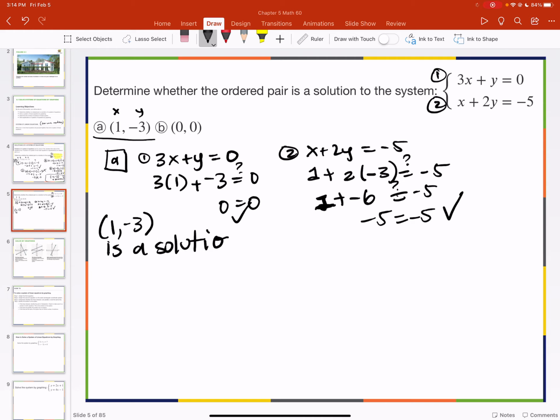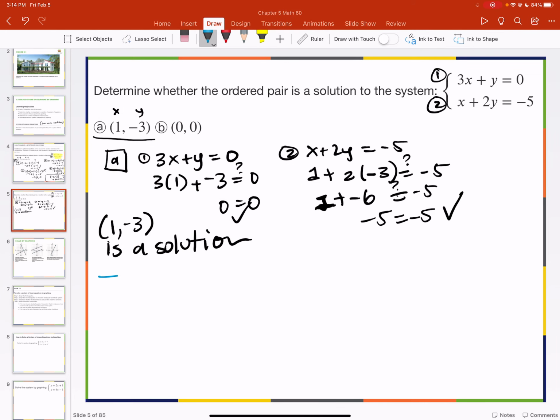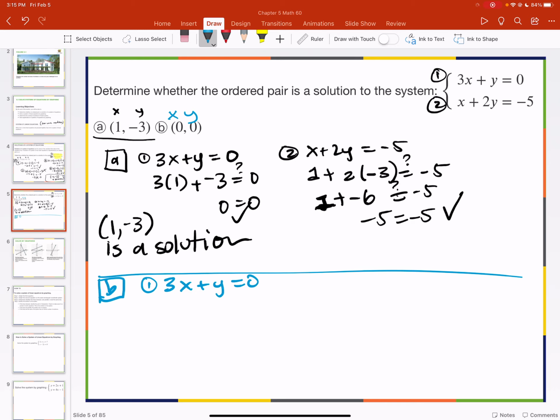And then if we were to try the second one, let's use a different color just for fun. So that's B. We're doing letter B now. Let's try equation 1. Remember, equation 1 is 3x plus 2y is equal to 0, and equation 2 is x plus 2y is equal to negative 5.